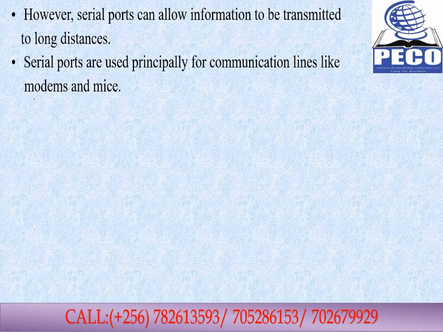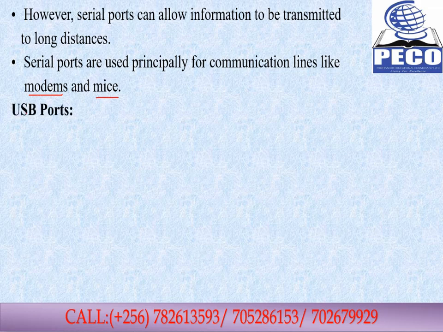That means a mouse uses a serial port, but also the modems. When you talk of the modem, it will convert that information, which will follow the network, and the network can continue to the telephone lines, which lets that information move over a long distance.